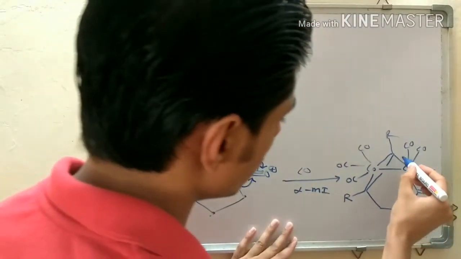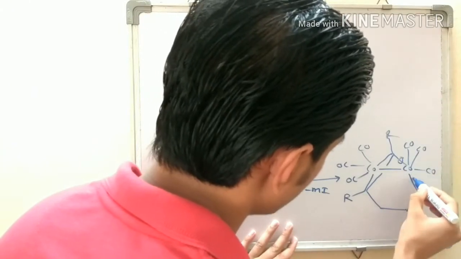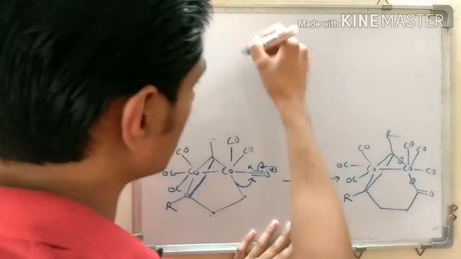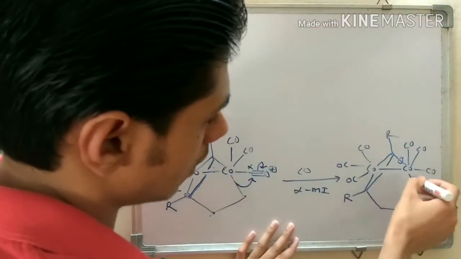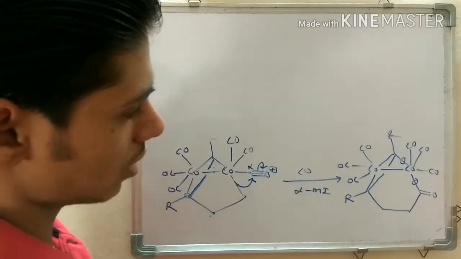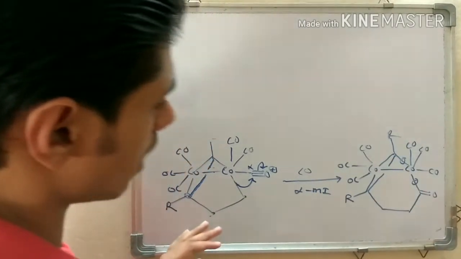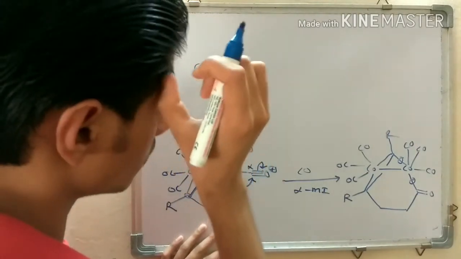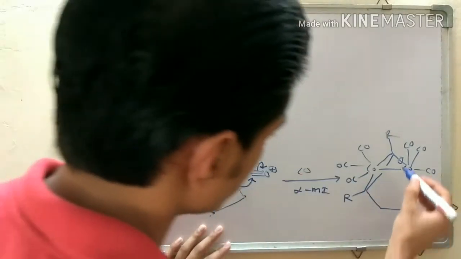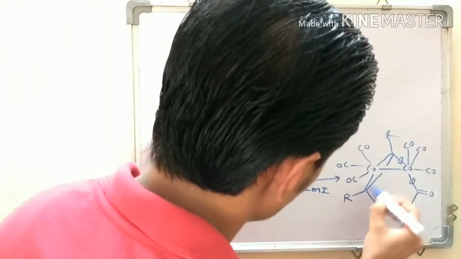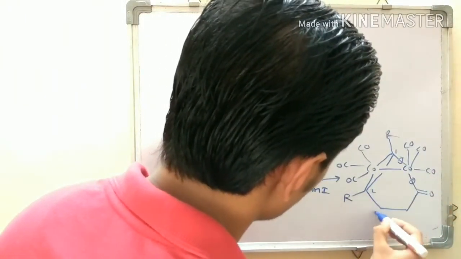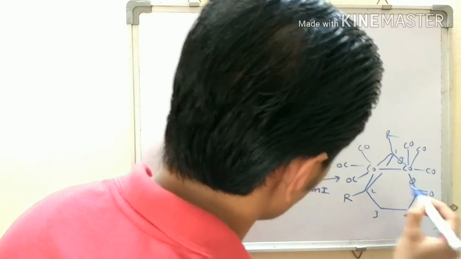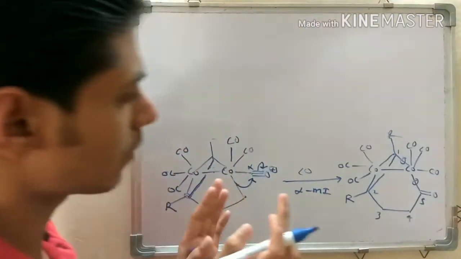So here again you can see this group and this group are the same as before, so it can undergo a reductive elimination reaction. And if it undergoes a reductive elimination, what will you get? You can see this is 1, so you can number 1, 2, 3, 4, 5. So if these two centers bind, you will get a 5-membered ring.